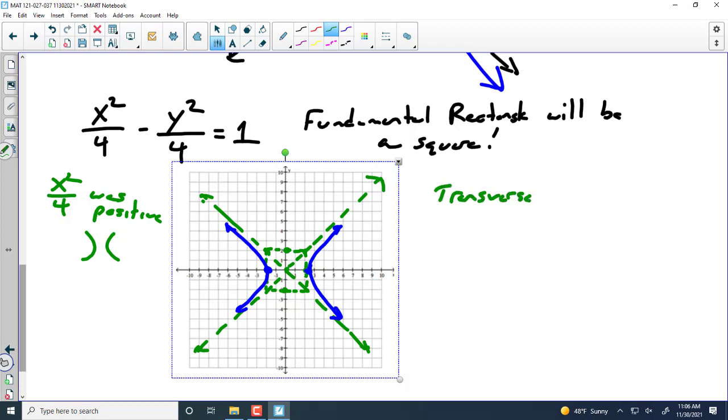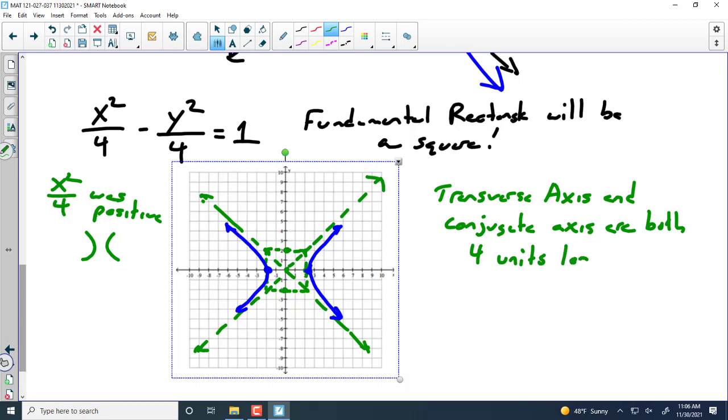Transverse axis and conjugate axis are both 4 units long. It is fine to have the numbers underneath these be the same.